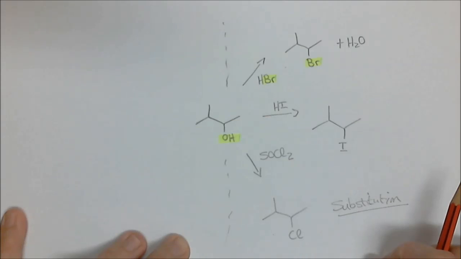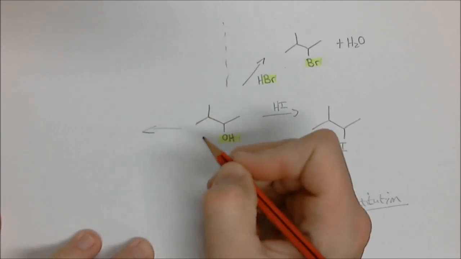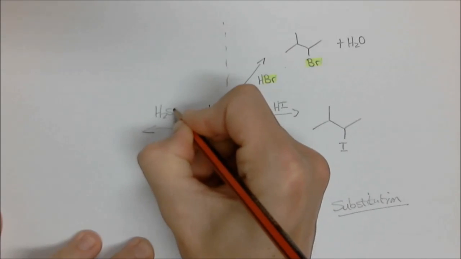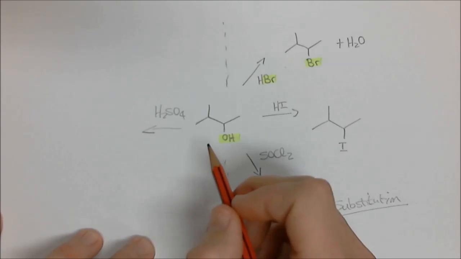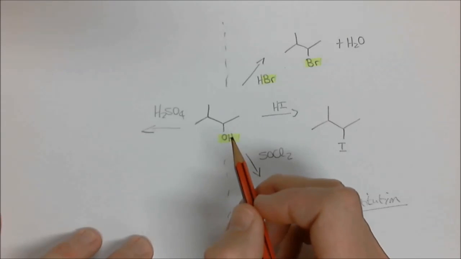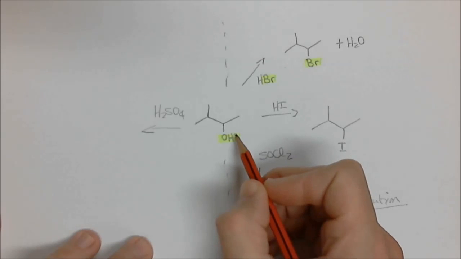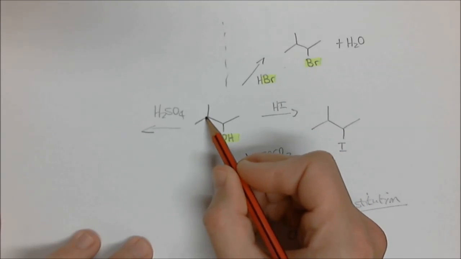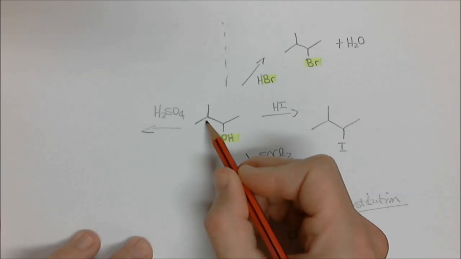We don't need to know the mechanisms of that. There's one more acid, though, that we can use, and what we learned is that if we use H2SO4, particularly in its concentrated form, we get the reverse of what we did in the alkene section, and that is dehydration occurring. That is, we're removing water, and what we're looking for here is an OH that has carbons next door, and those carbons need to have hydrogens on them.